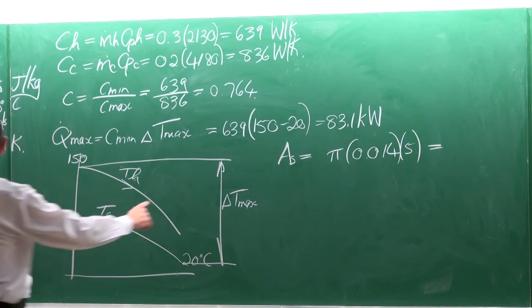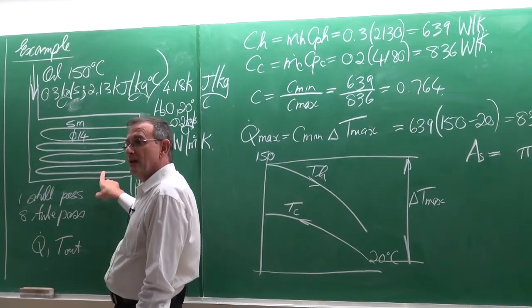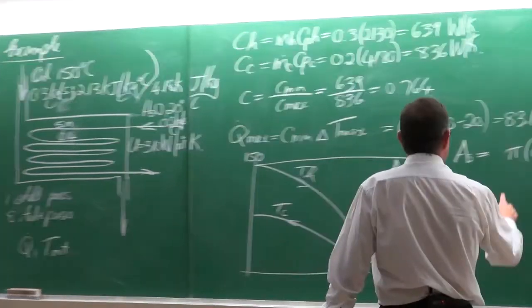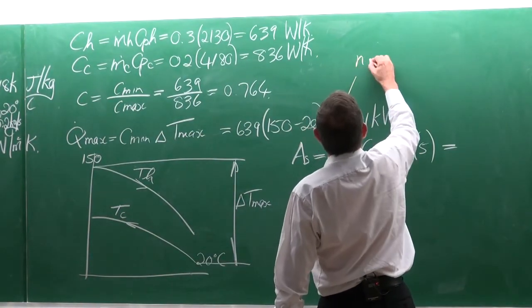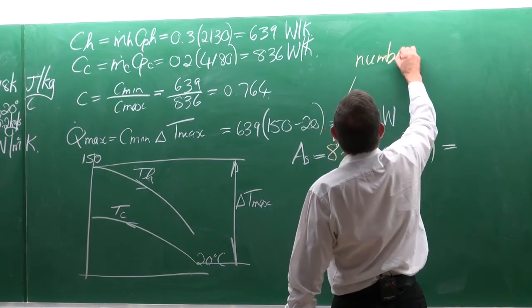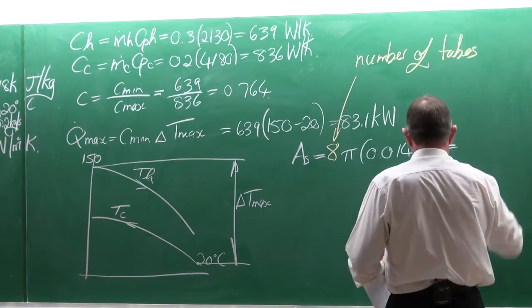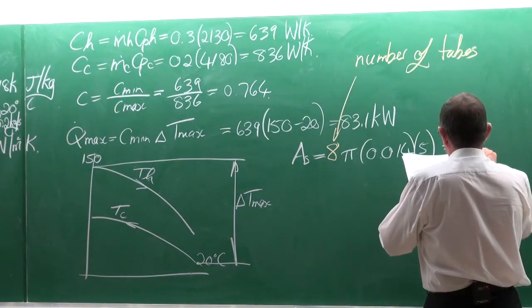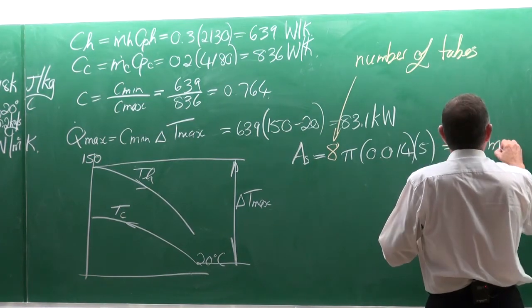Good. Remember, there are 8 of them. This is an 8-tube pass. The length of every tube is 5 meters. So, number of tubes. The number of tubes, we need to take that into consideration. 1.76 square meters.